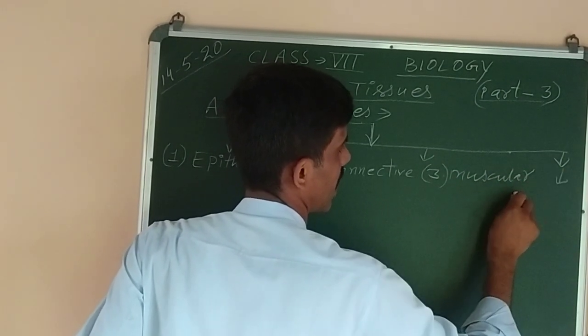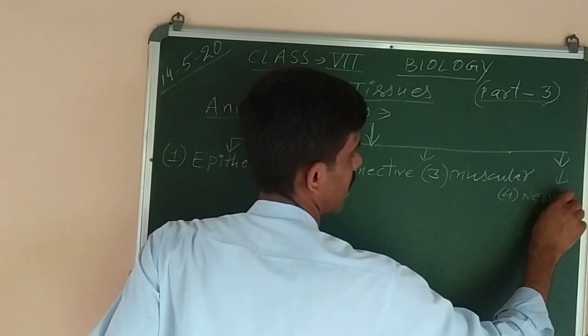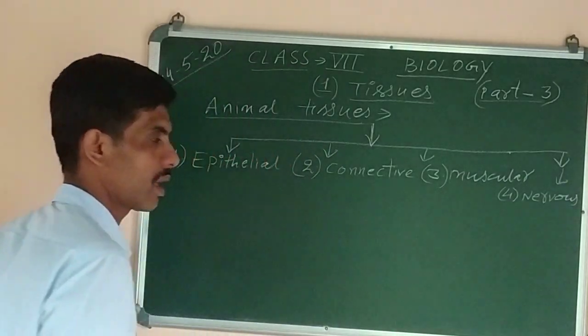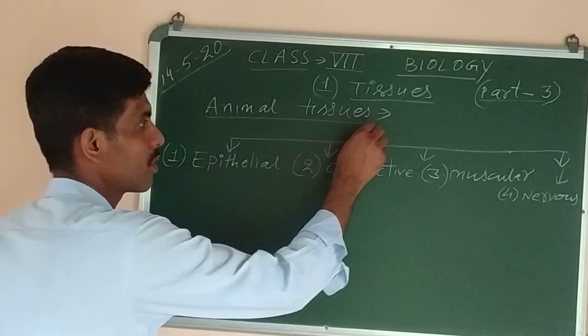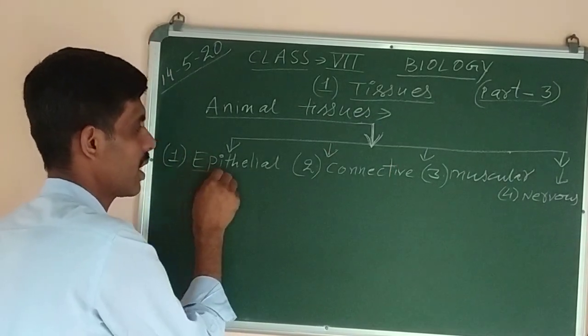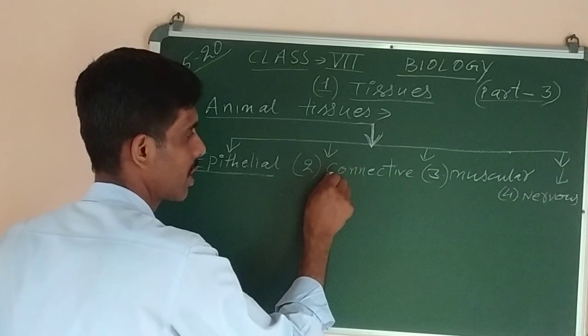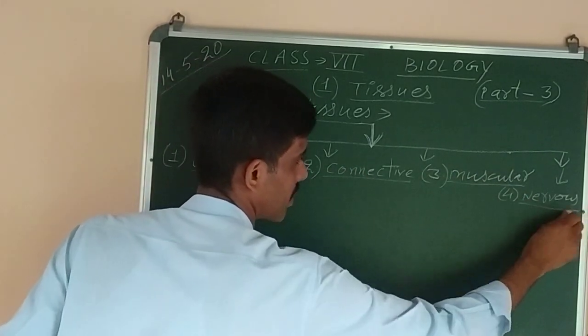And number 4, the last one, nervous tissue. So in this chart you can see animal tissue is classified into how many types? Four different types. What are they? Number 1, epithelial. Number 2, connective tissue. Number 3, muscular tissue. And number 4, nervous tissue.